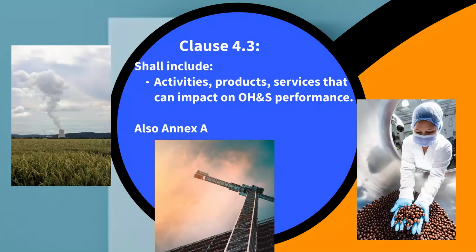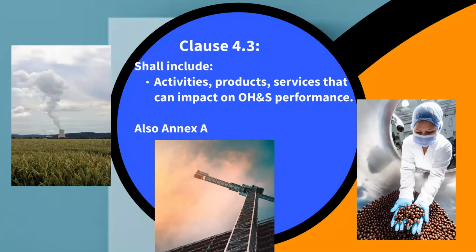Similarly, with the example on the left-hand side, if we're a power plant generating electricity, seeking to define the scope of our environmental management system, we can't exclude the generation activities that have the biggest environmental impact. We can't say the scope of our management system is maintenance activities on site only. That wouldn't be credible.